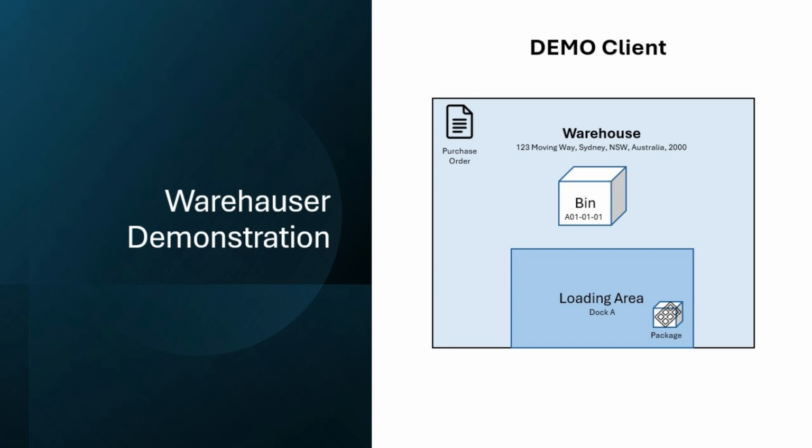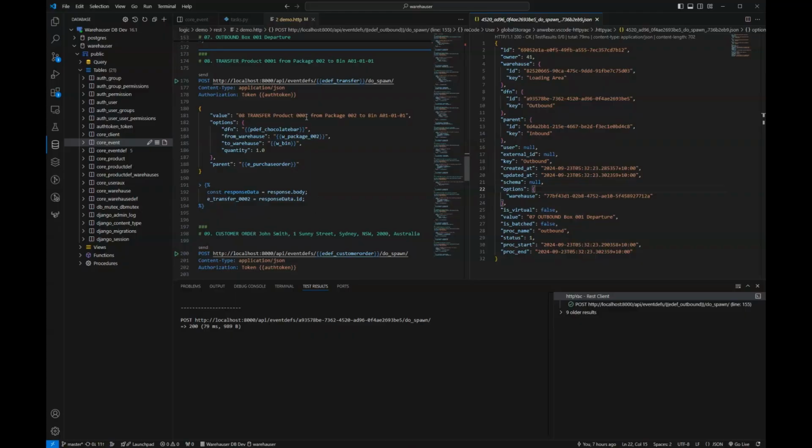So finally, we want to transfer the product from the package into the storage bin. So we have to do another transfer event. Again, it will be given a title, and we're transferring the chocolate bars from package 2 into the bin, and we have 1.